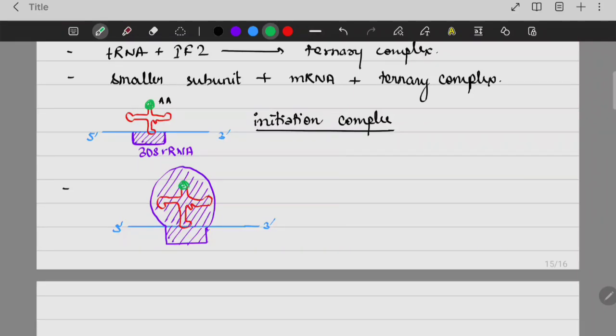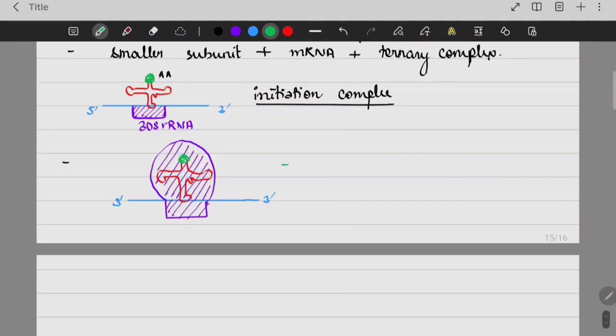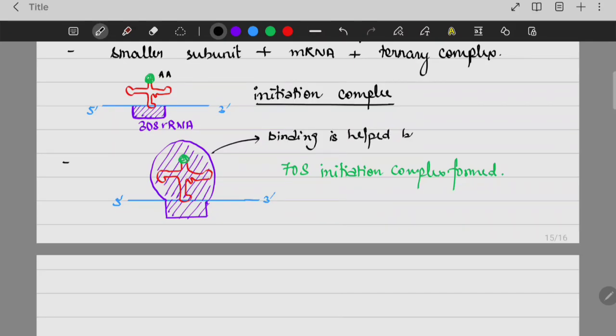So the whole 70S initiation complex is formed. This binding of the larger subunit is helped by initiation factor 5.